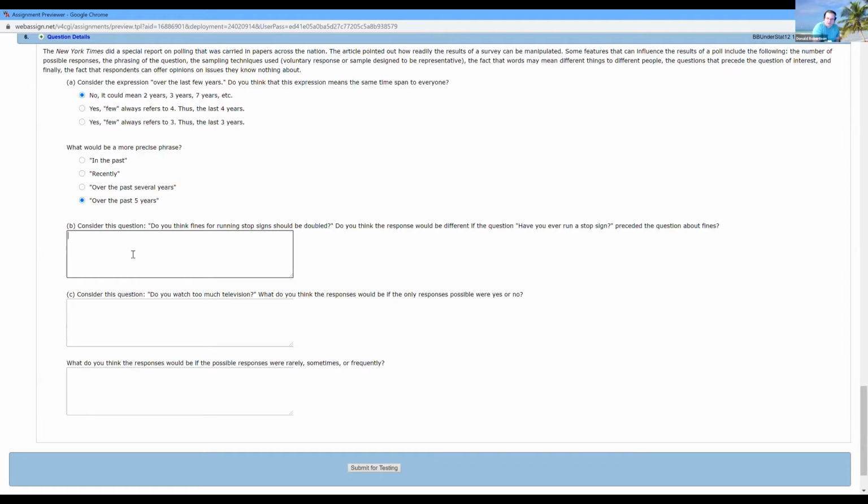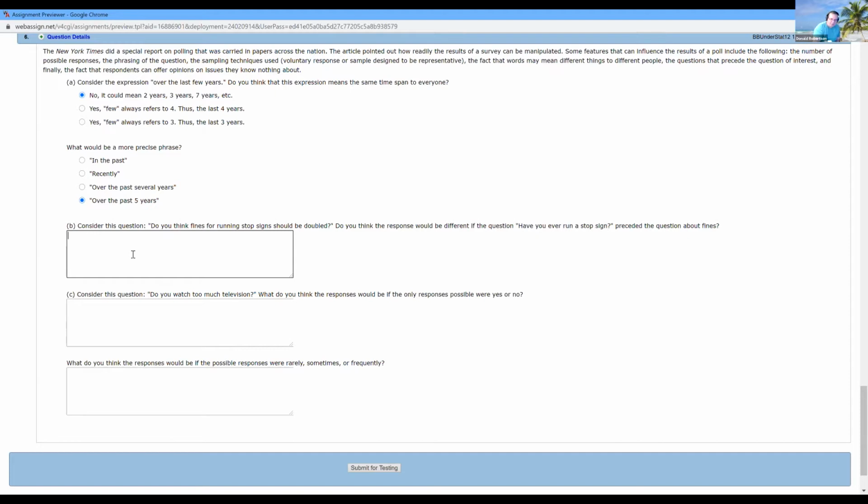Or if you went and said first, have you ever run a stop sign? And the person said yeah. And then the second question was, do you think fines for stop signs should be doubled? Do you see the first question is maybe going to influence your answer to the second question? I don't think I want to get doubled the next time I do that. So I probably don't want you to double it.